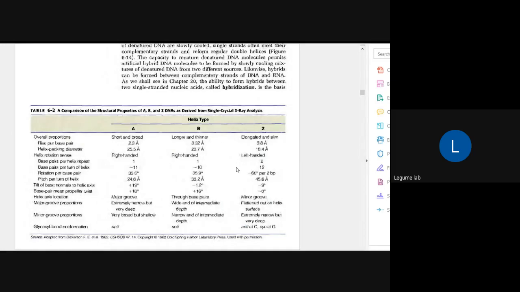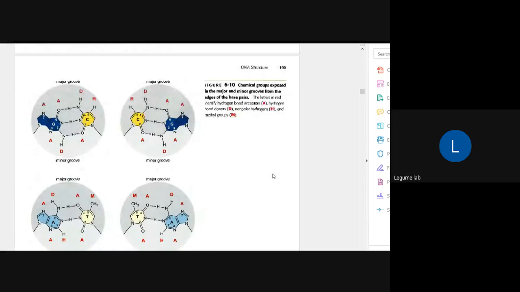Like that, this table also, some of the information given in this table, you should keep by heart. One thing you should note is that rotation per base is given for a single base in A and B, whereas it is given for two bases for Z DNA. So take note of it.